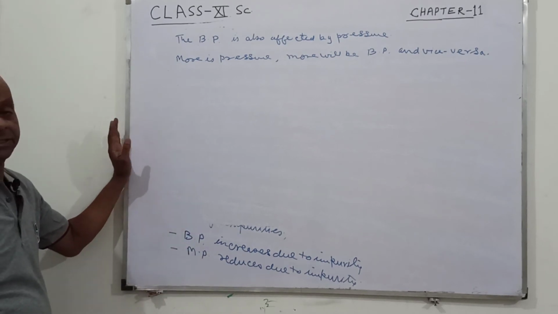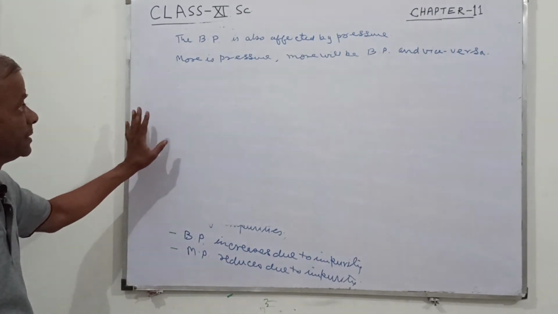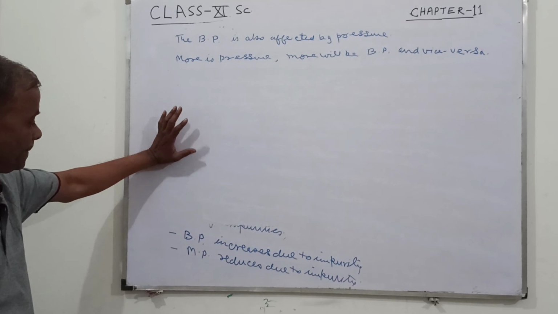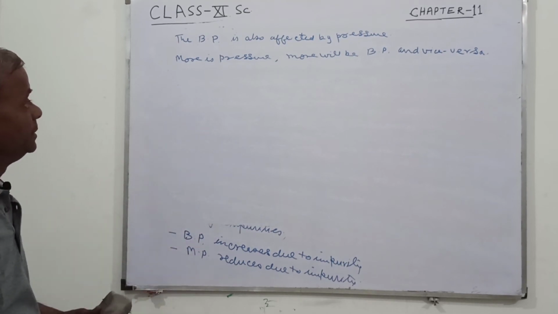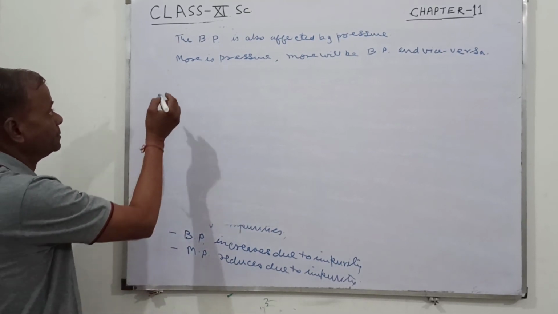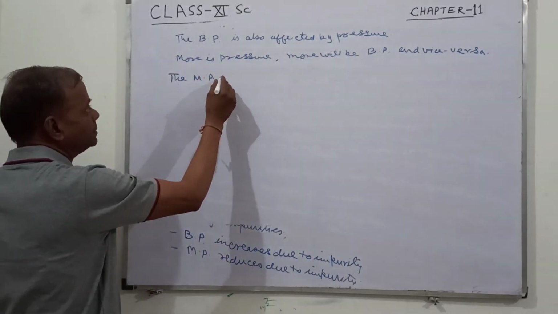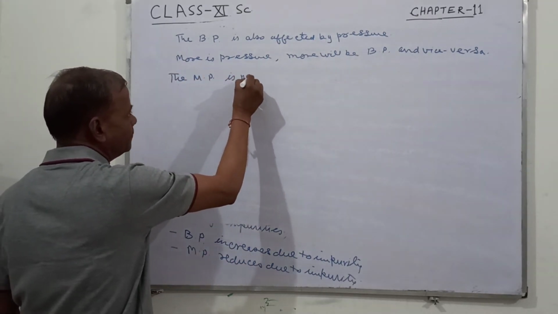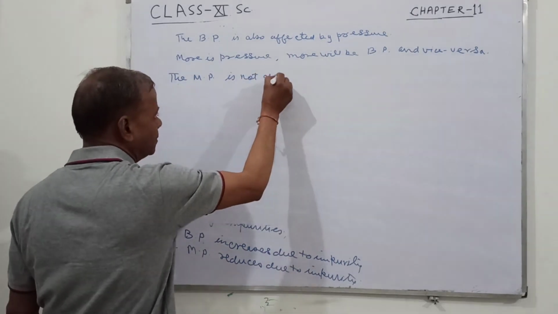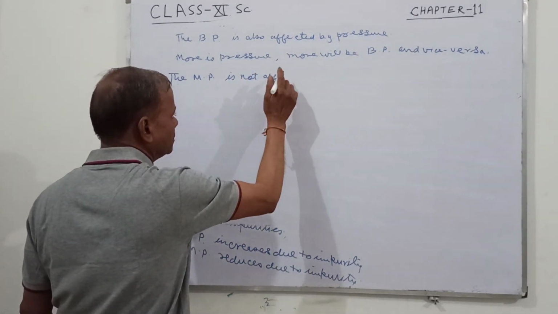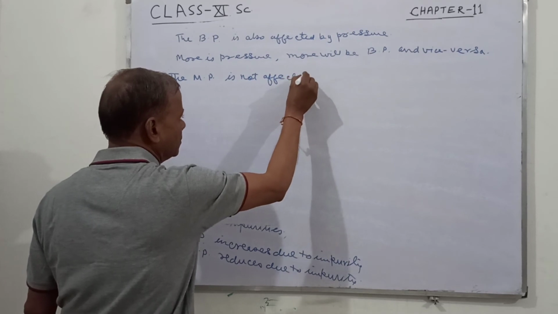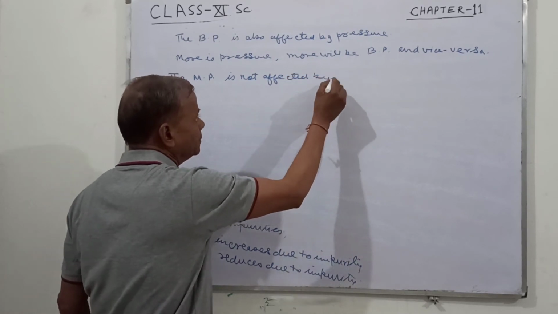So boiling and melting points are affected by impurities, though the melting point is not affected by pressure.